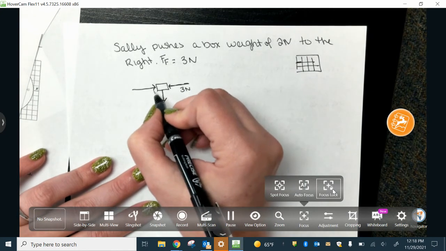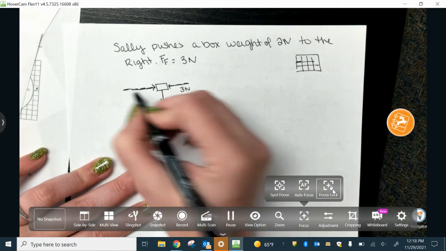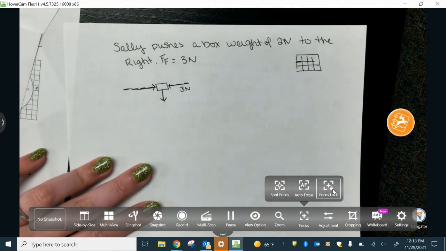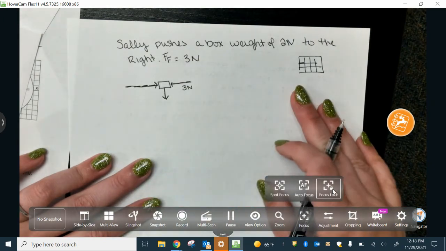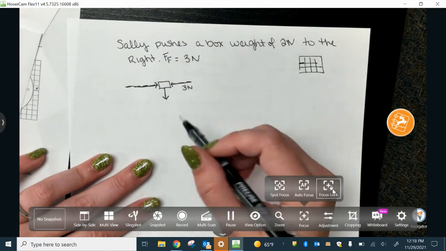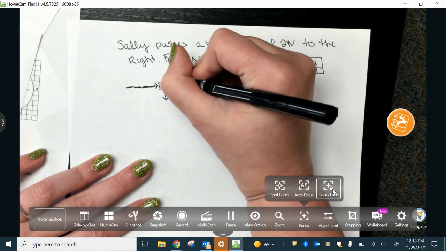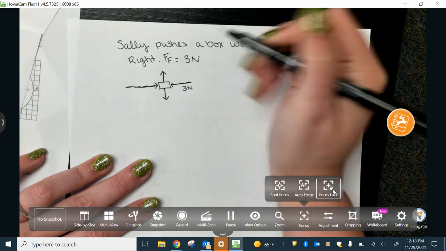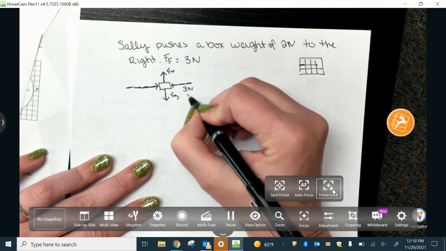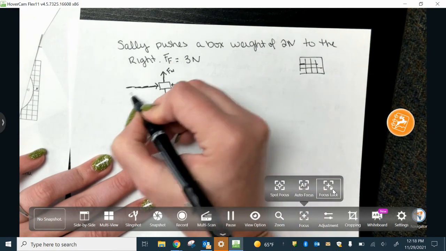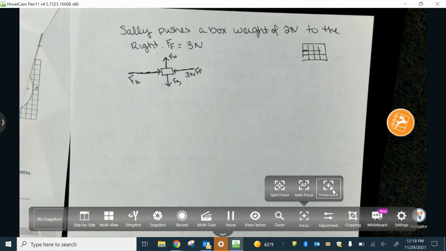While you don't know what the amount of the push is, it has to be greater than 3, so I'll go ahead and add another one for it to be 4. I don't know what it is, but I know it has to be greater than 3 for it to be moving. Because this box is not sinking into the ground, we know it has a normal force upwards of 2 blocks. F normal, F g, F f. We're going to call this the force applied, and that would be my box.